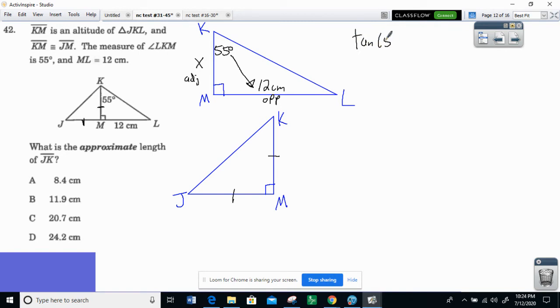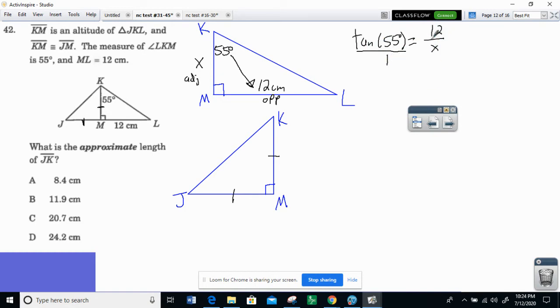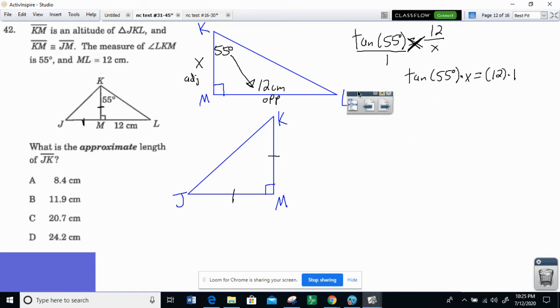It's going to be the tangent of 55 degrees equals opposite divided by adjacent. We can solve this equation pretty easily if we put the tangent of 55 degrees over 1, and now we cross multiply. So we've got the tangent of 55 degrees times x equals 12 times 1. That's pretty easy. That's just 12.